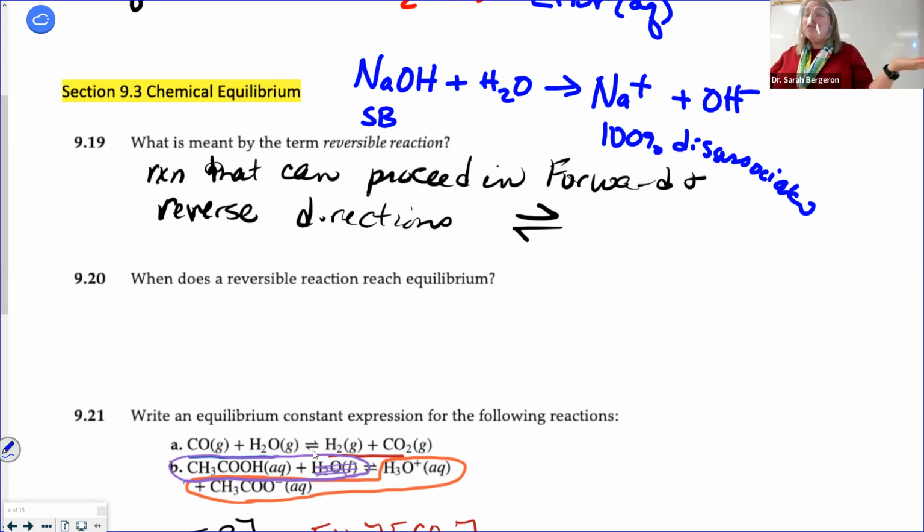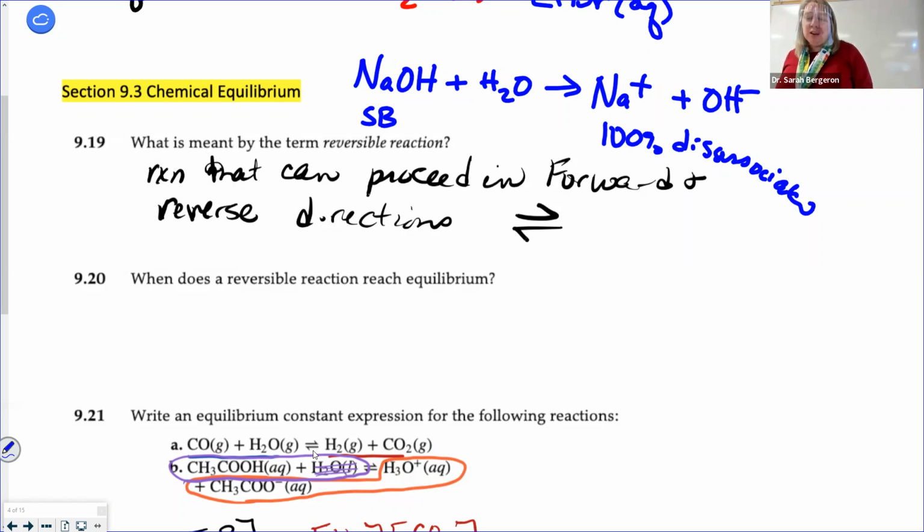The more product you make, if it's an acid or a base, the stronger the acid or the stronger the base is. Until you get to the most extreme where you have no more reactant left and you've got all product, right? That gives you the strongest acid or the strongest base, but there's lots of in-betweens. And so what we'll talk about today is how to figure out the in-betweens.